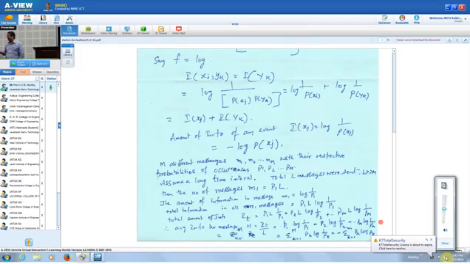Only thing is the amplitude differs. That means what I would like to say is you chose f to be log here, but you can choose any other function in such a way that the sum is the same.